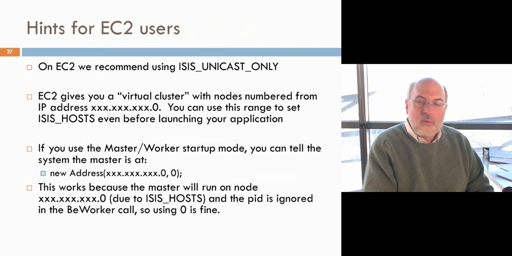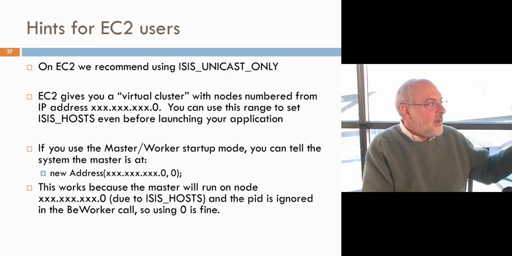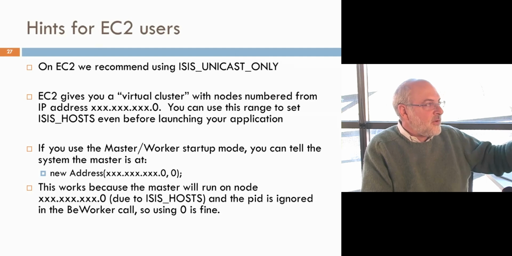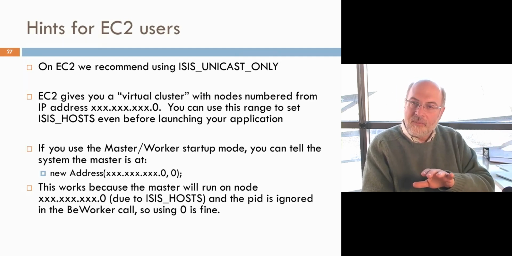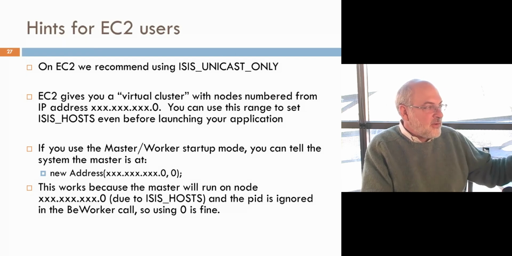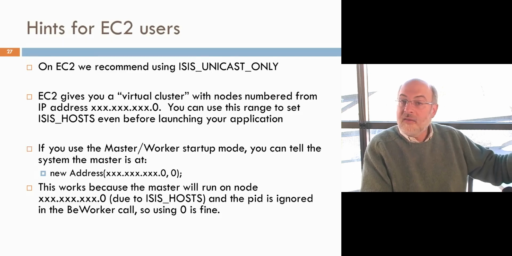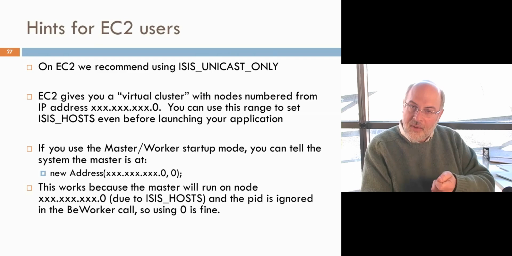On EC2, we recommend you use unicast only. And keep in mind that EC2 sets up virtual clusters. If you use this, it turns out that the virtual clusters have a very nice numbering method. And in the master worker startup mode, you can take advantage of that by creating a new address which has the IP address of your virtual cluster .0 as the master's node.